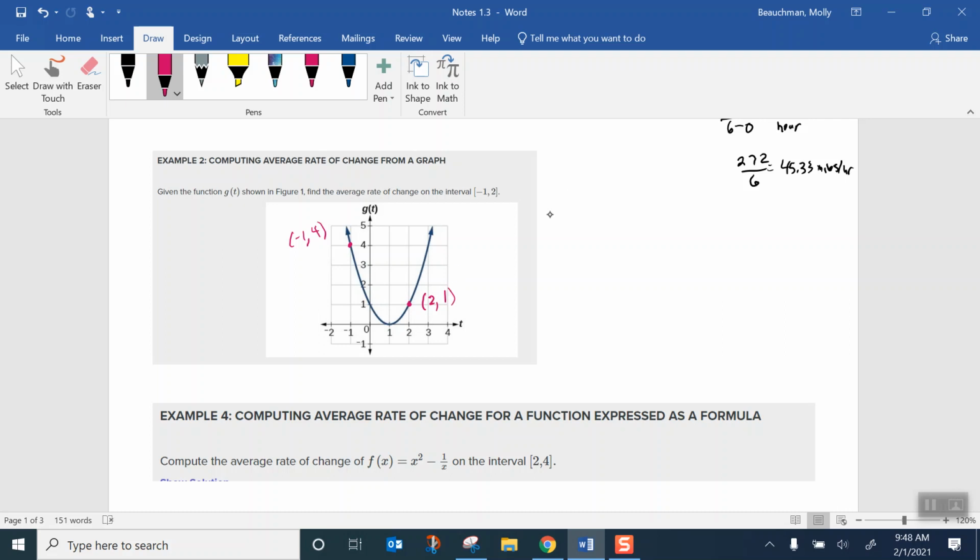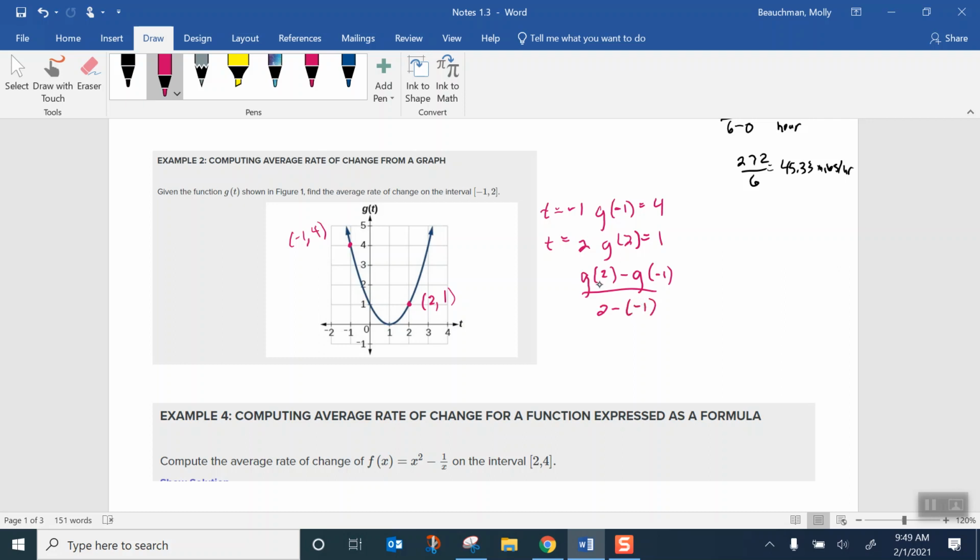So I have that when t equals -1, g of -1 is equal to 4. When t is equal to 2, g of 2 is equal to 1. So I want to find the average rate of change using the formula. It would be g of 2 minus g of negative 1 over 2 minus negative 1.